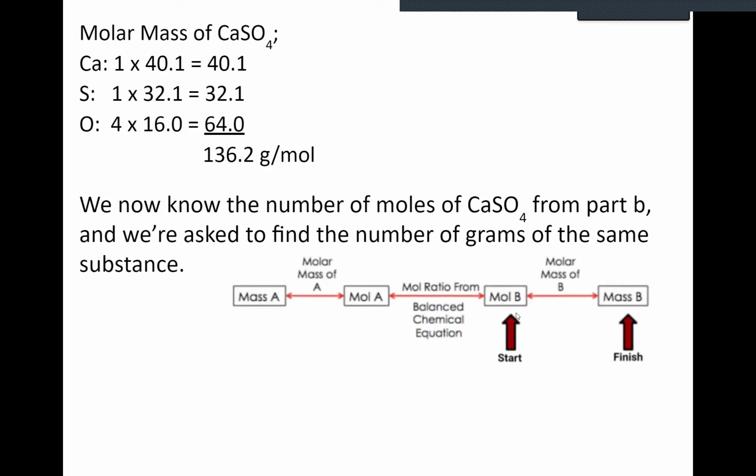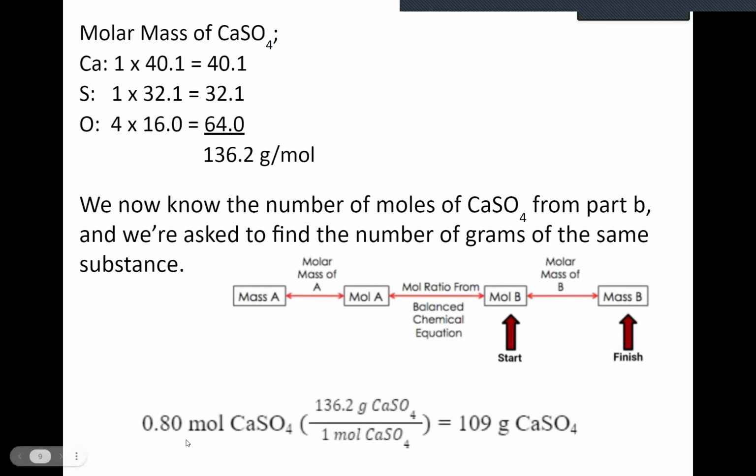We've got 0.8 moles. We know the molar mass, 136.2, and we're asked to find the final mass. Write the conversion factors so that the moles of CaSO4 crosses out. So make sure it's 136.2 grams on top, 1 mole of CaSO4 on the bottom. We arrive at a final answer of 109 grams of CaSO4.